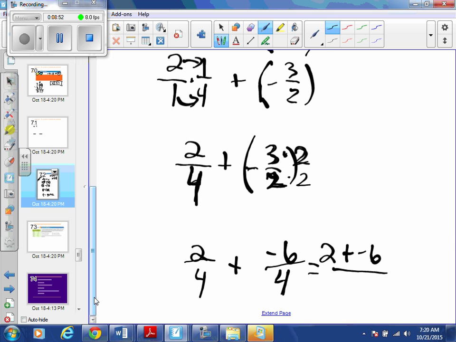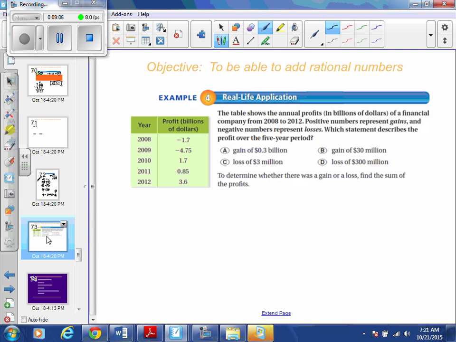I multiplied by 2. So I need to do that to the numerator. Negative 3 times 2 is negative 6. I add, remember, add my numerators, 2 plus negative 6 over 4. All right, 2 positives and 6 negatives gives me 4 negatives over 4 positives, which equals negative 1.